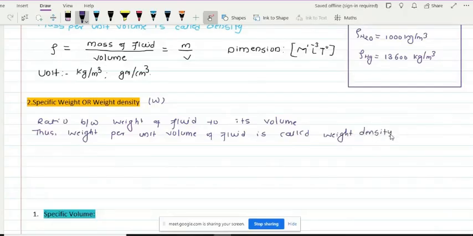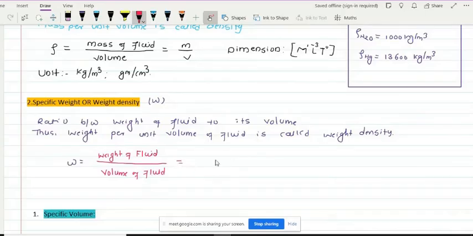Mathematically, it can be written as the weight of fluid to its volume of fluid.